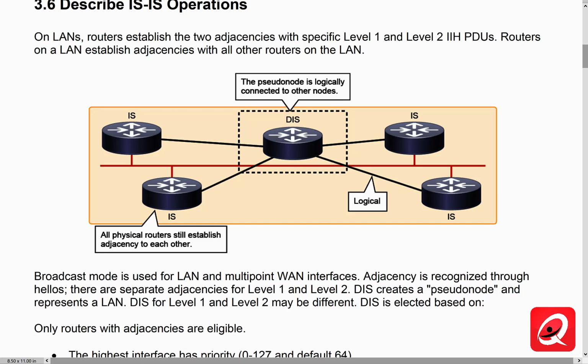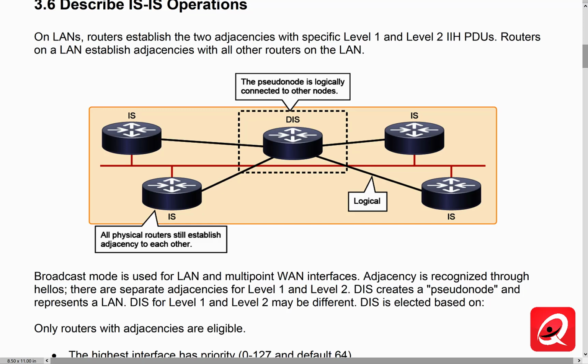ISIS is a link state routing protocol, and it requires that all the routers in the same area or the backbone have a synchronized link state database. So when a router floods its link state packet carrying the prefixes, it's important that all the routers receive that information and then they somehow acknowledge that information.